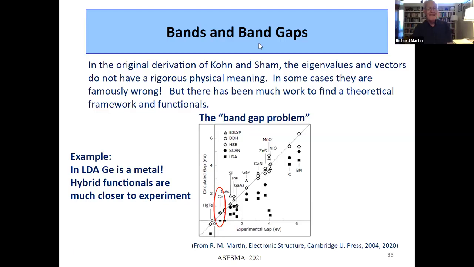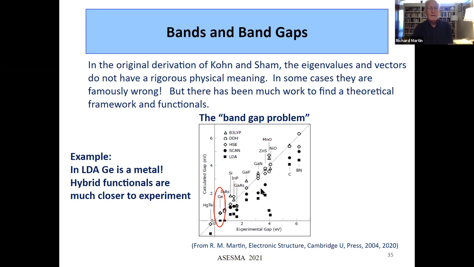And partly this is, well, here's an example. This is a whole bunch of materials plotted as a function of the experimental gap. Take one material and the experimental gap and various calculations for that one material.